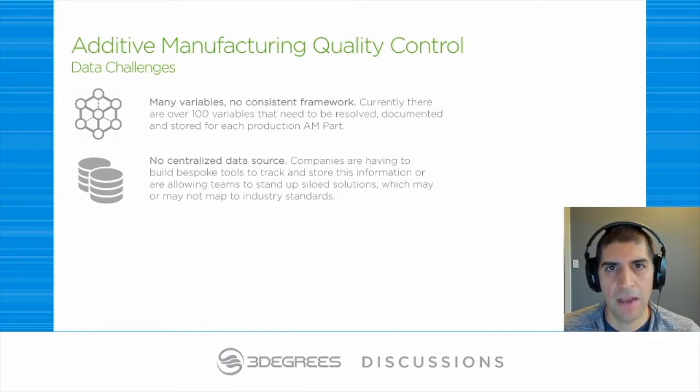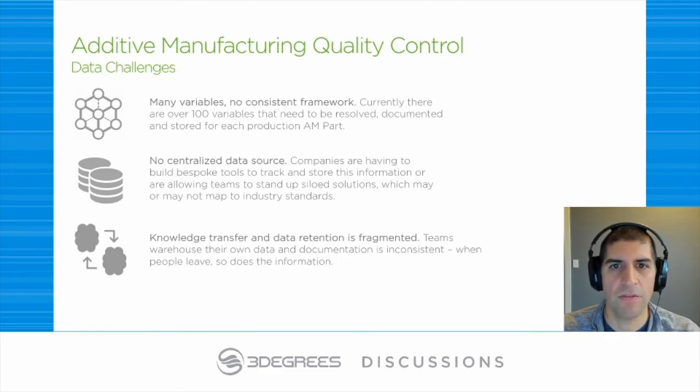But at the end of the day, what becomes apparent for many of these users is that they don't have the analysis capabilities to look forward and back, or even to get data into the database from external islands of data, whether that's the machine and the sensors reading during the part build, or post-processing inspection steps where you're getting data on witness coupons or tensile data and things like that. So trying to combine all that in one place is quite challenging.